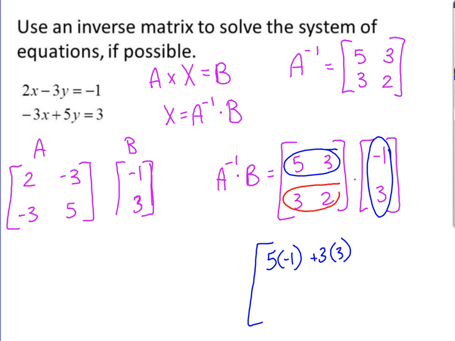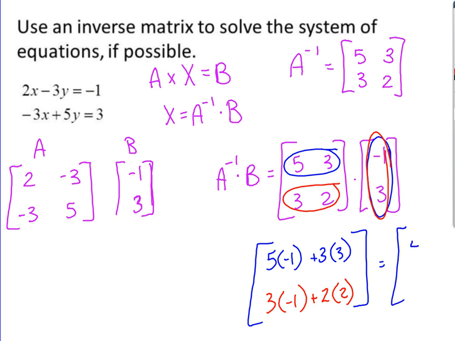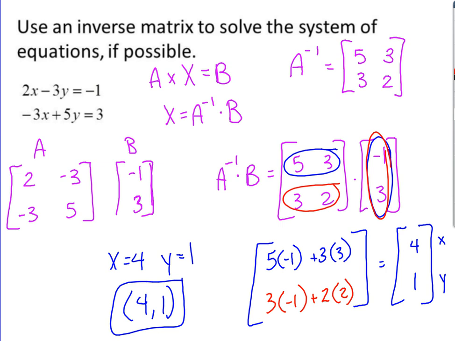And if we go across and down this way, we're going to have -3 times -1 and 2 times 3. 5 times -1 gives us -5. 3 times 3 is 9. -5 plus 9 is going to give us 4. Then we have -3 and 6, which is going to give us 1. So that means our x value is 4 and our y value is 1. Or our solution is (4, 1).